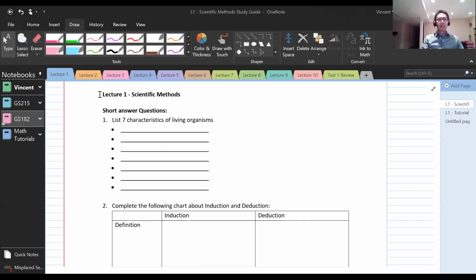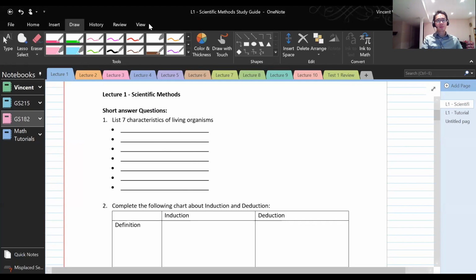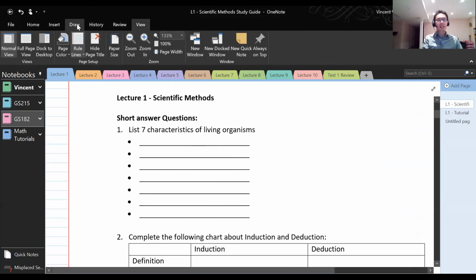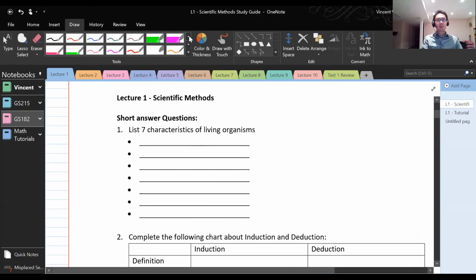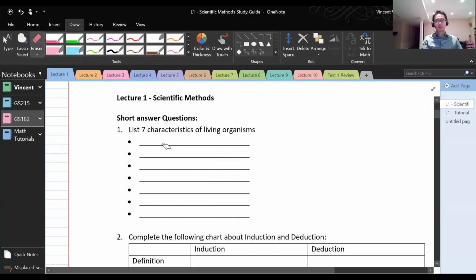So here we go. List 7 characteristics of living organisms. Okay, so living things, they're very diverse, they're very different, but at the core of it, there are some features that are common for all of them. So the first one is they exhibit order. Okay, exhibit order.